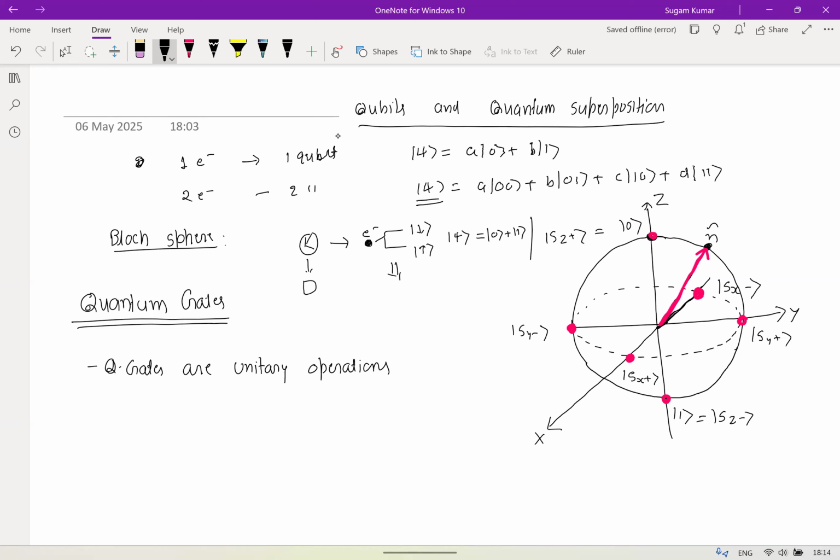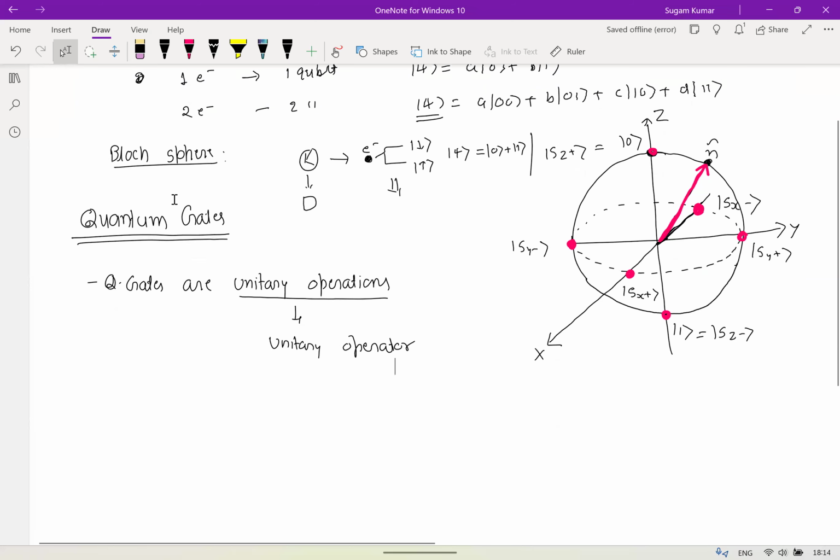When you talk about unitary operation, we will definitely talk about the unitary operator also. For the unitary operator's symbol, I'm going to use U. This is defined such that U preserves the norm.